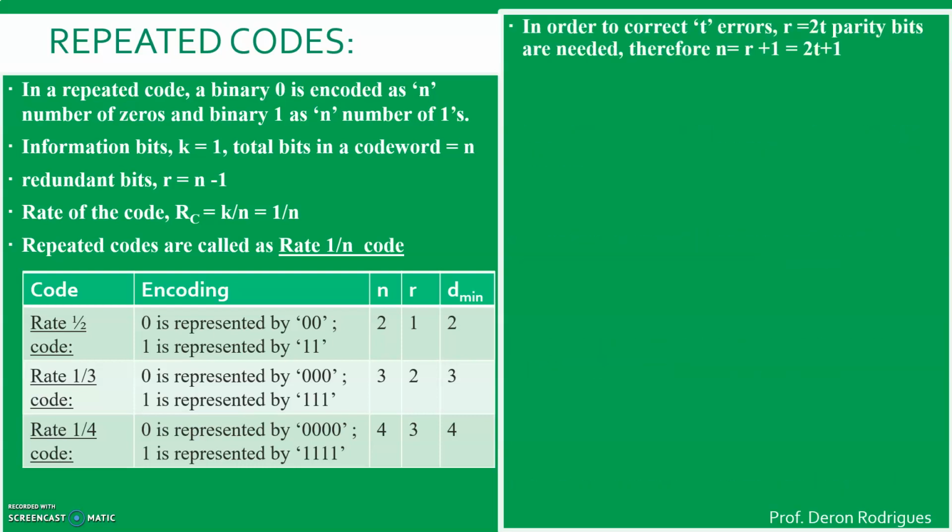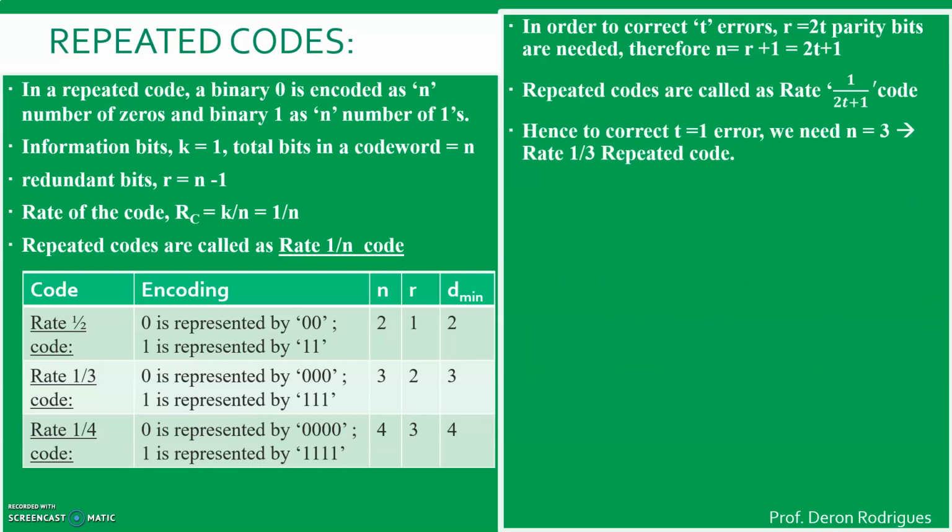So, in order to correct t errors, we will require r is equal to 2 times t parity bits, and therefore n, which is r plus 1, can also be written as 2t plus 1. So repeated codes are also called as 1 upon 2t plus 1 codes.